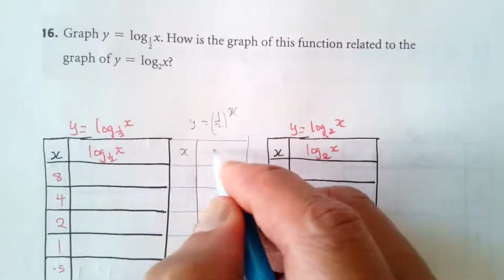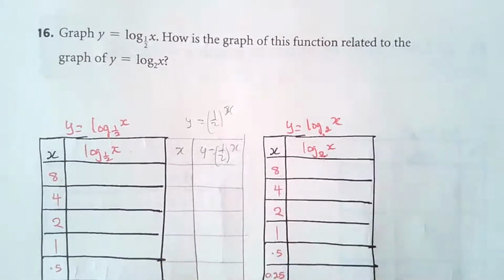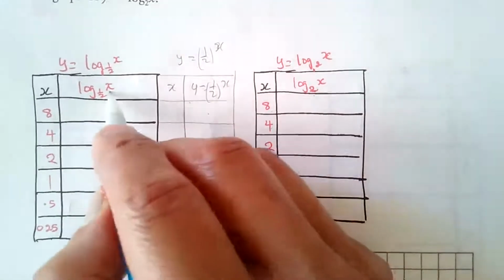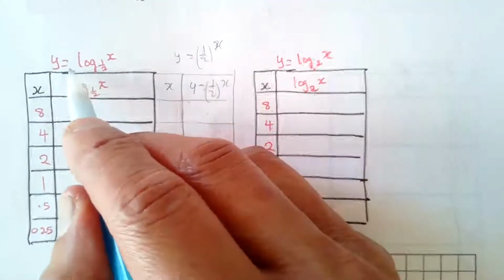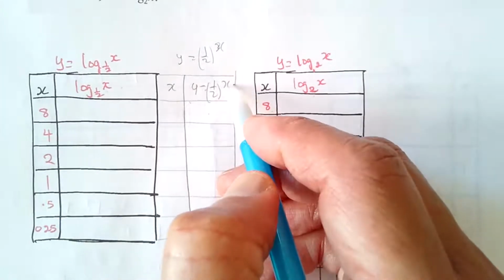So this is my x, this is y is equal to half to the power of x. Because it's an inverse of the log, y equals log half x is the inverse of y is equal to half to the power of x.